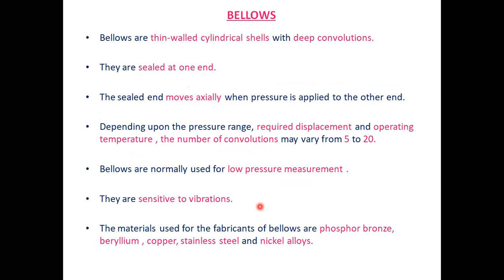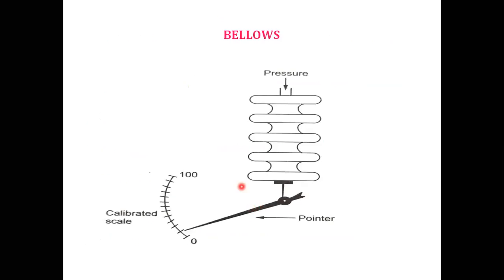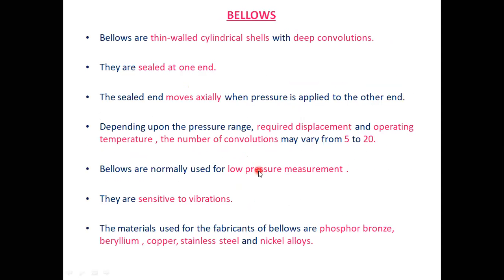Next one, bellows: the diagram and construction of this bellow, what are the constructional features, the simple basic principle of this bellow, and finally what are the materials used for this bellow. And you can write the advantages and disadvantages also by browsing the internet or some other textbook.